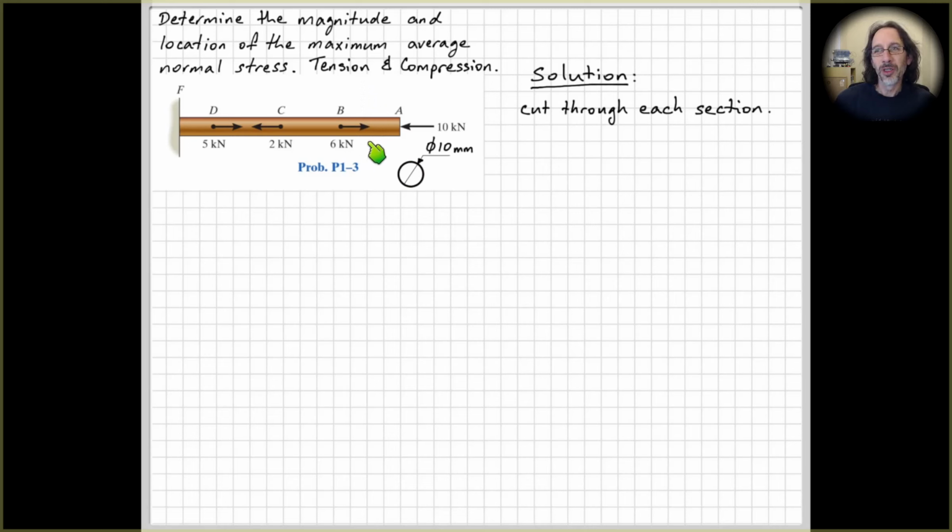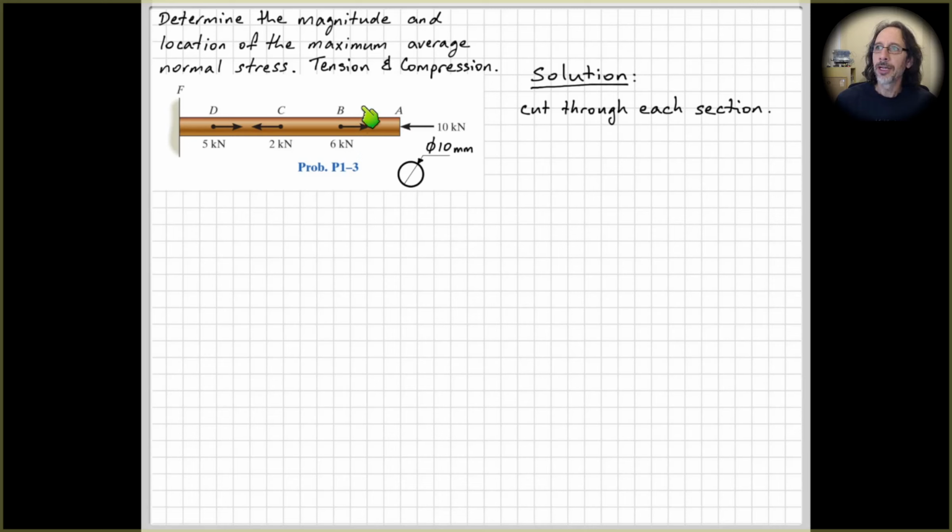Now, you could possibly do this problem without going through this process, but it's a good idea to get into the habit of doing this, because you'll need to do this for later problems where we're finding stress components from bending and torsion and shear and so on. So even though you can probably bypass these steps and do it in your head, best not to at this stage. Just learn to go through the formal process properly.